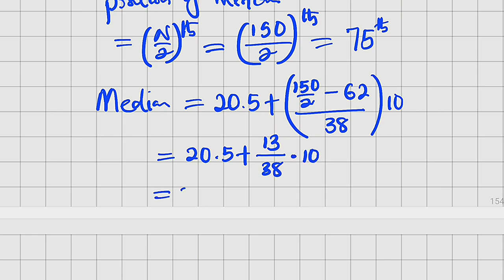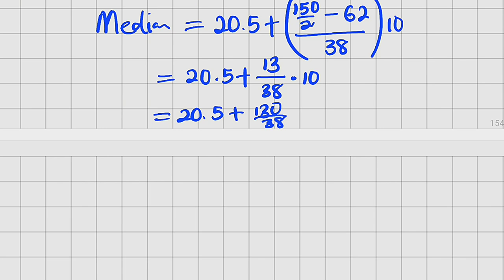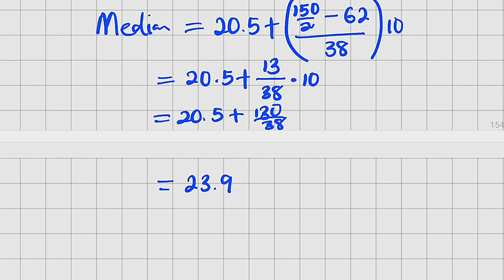So this is equal to 20.5 plus 130 divided by 38. So 130 divided by 38 plus 20.5 will give us 23.92, but one decimal place is 23.9. So this is the median. That is the median score.